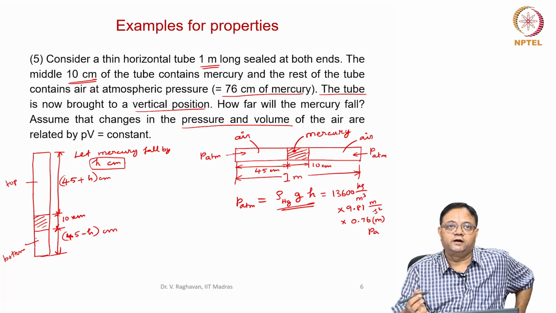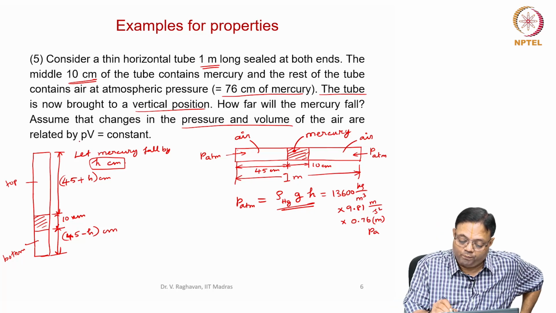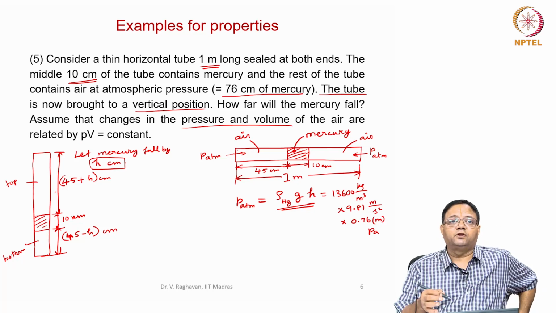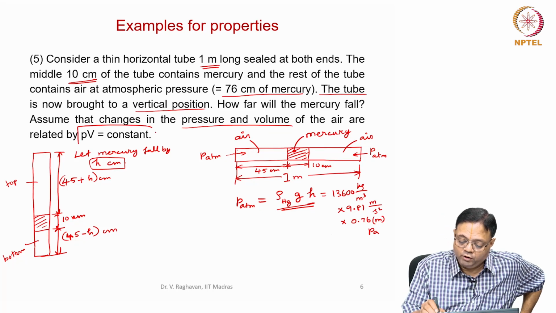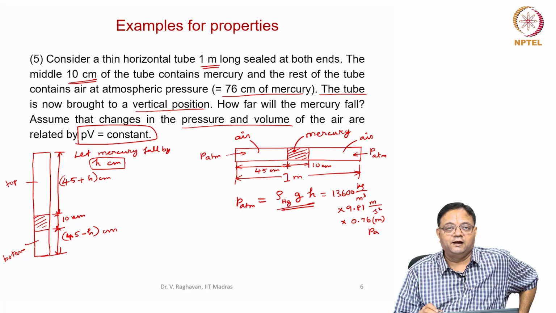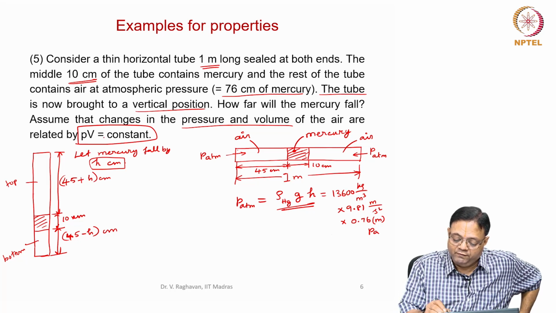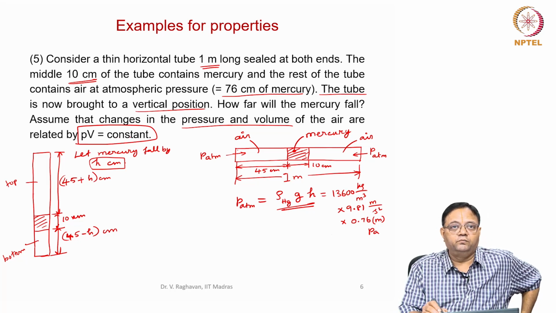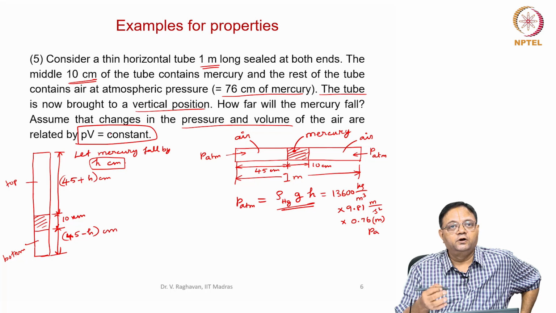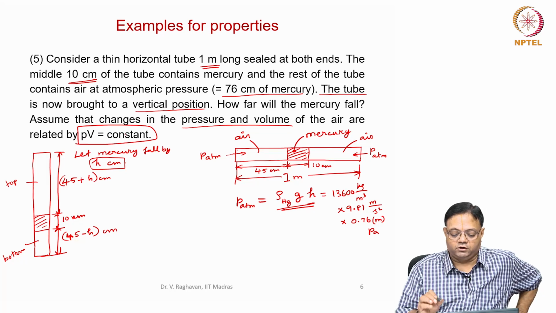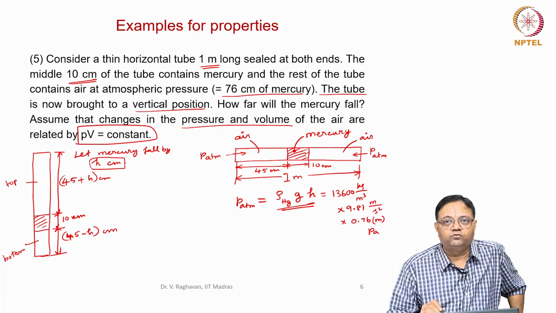So pressure and volume change, but it is isothermal, there is no temperature change. If air is an ideal gas, then PV equals mRT. But temperature is constant, mass is constant, and specific gas constant is also constant. So we can say PV equals constant. So this relation is obeyed.